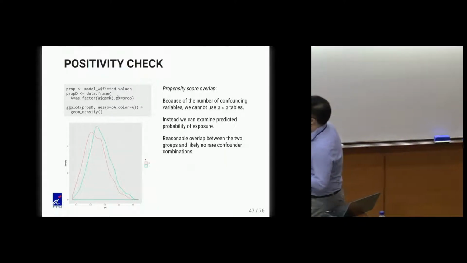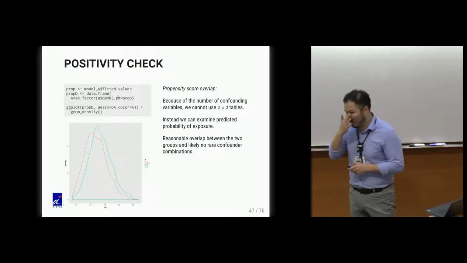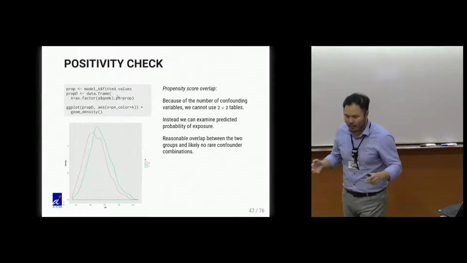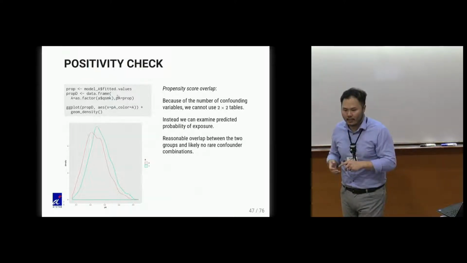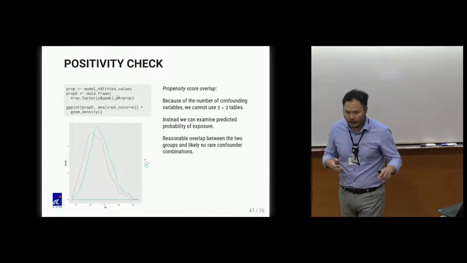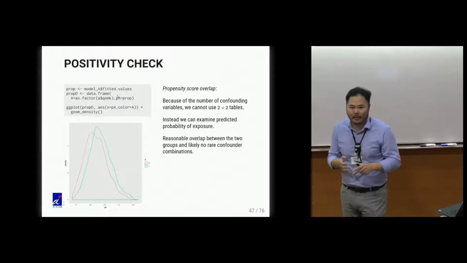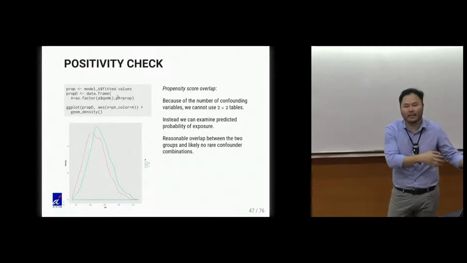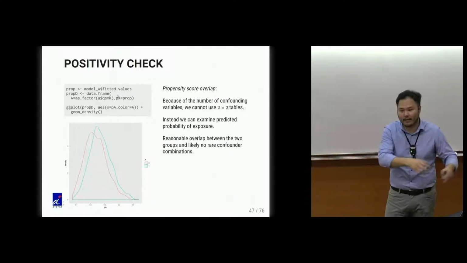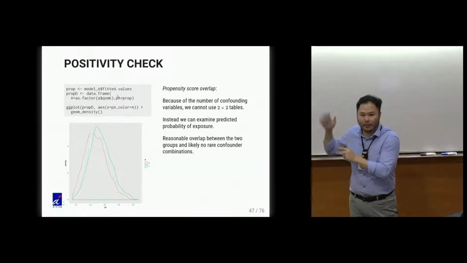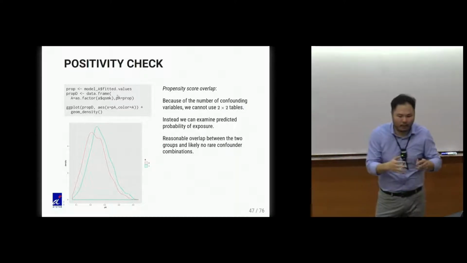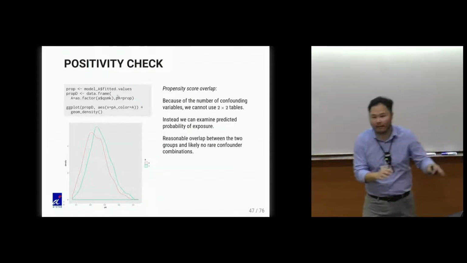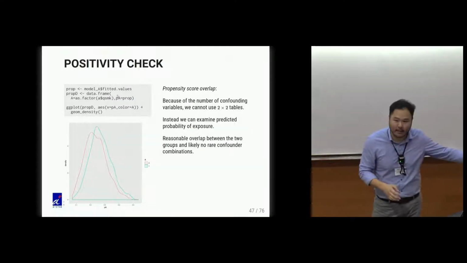And so the predicted probability of exposure, conditional on all the different confounders, basically helps you summarize whether or not there are any sets of confounders or combinations of confounders that make it either very likely that they're exposed, so basically deterministically sets their exposure status, in which case the probability would be very close to 1, or very unlikely, in which case it would be very tiny and close to 0.